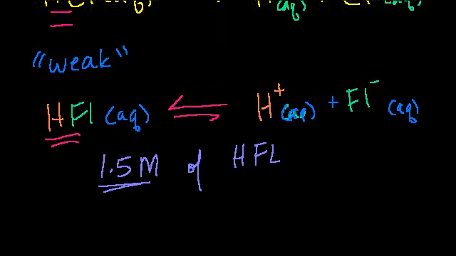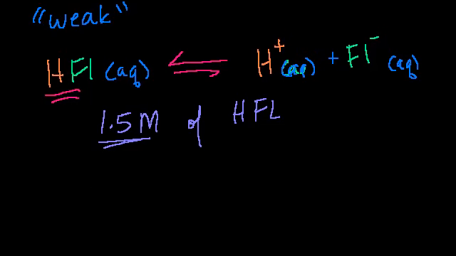Now, you could look it up, but actually, I'll just write it. Every equilibrium reaction has some equilibrium constant. Since this is an acidic reaction, we'll say it's the acid constant for hydrofluoric acid.